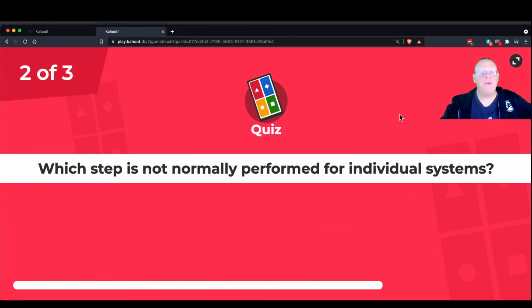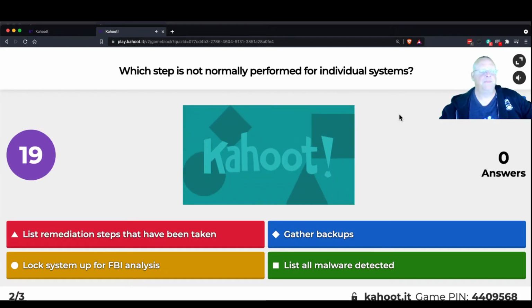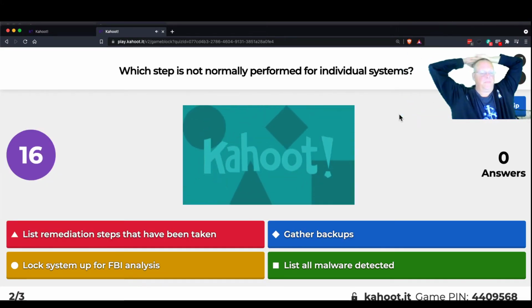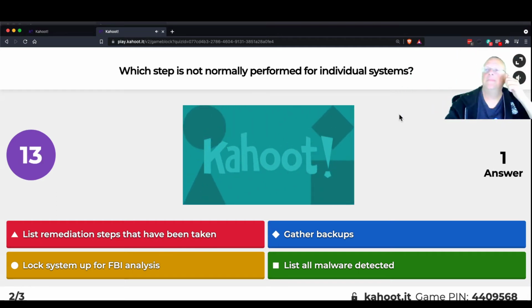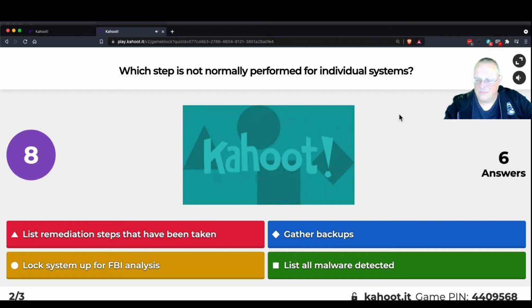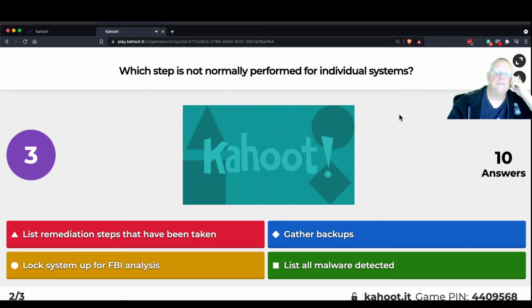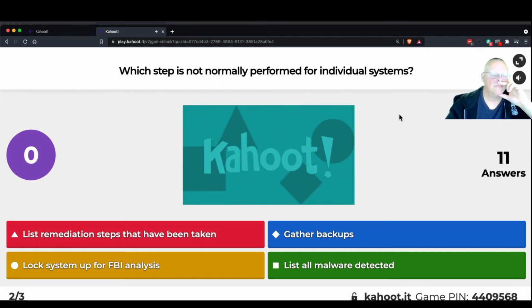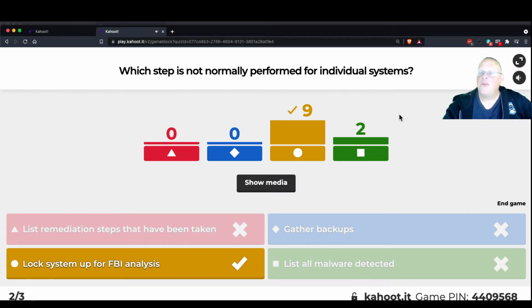All right, which step is not normally performed on an individual system? Yeah, this one, of course, really happened at the college. When we had a security incident there, we had a crooked CTO, and when I demanded, let me examine the system, he said, no, I won't let you examine it because you'll corrupt the evidence.